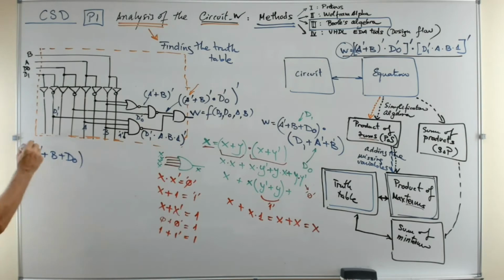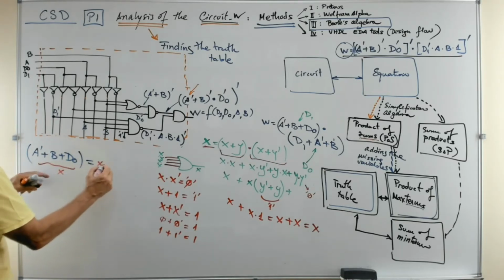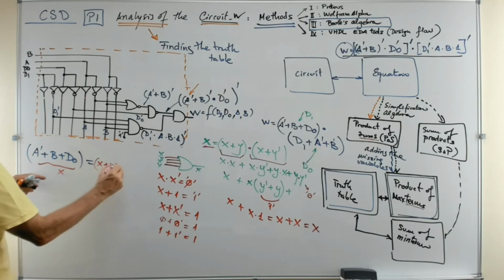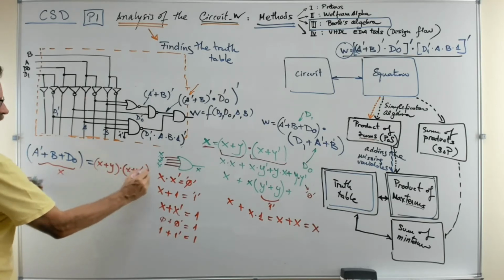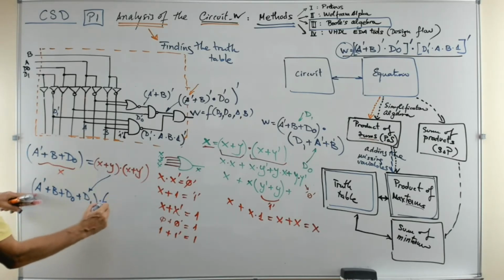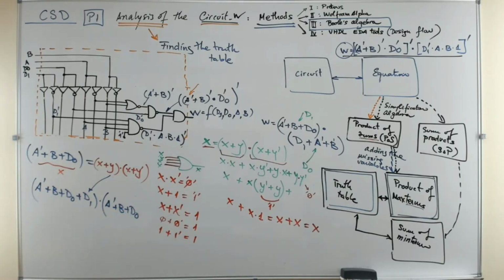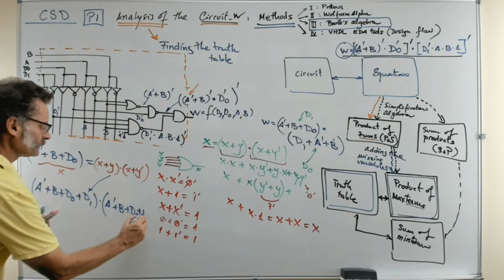In which way? Well, this is what we call x, all right? So now this is going to be x or y and x or y not. So this is going to be a not or b or d0 or d1. This is going to be the y. And the same x as before, a not or b or d0, and finally or d1 not.